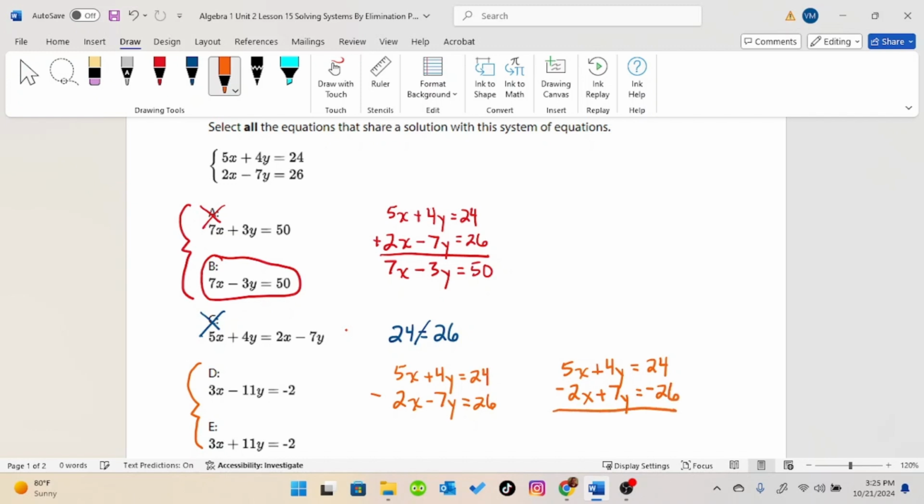Now when I combine them, 5x minus 2x equals 3x, 4y plus 7y equals 11y, and 24 minus 26 equals negative 2. That means E is an equivalent equation and D is incorrect.